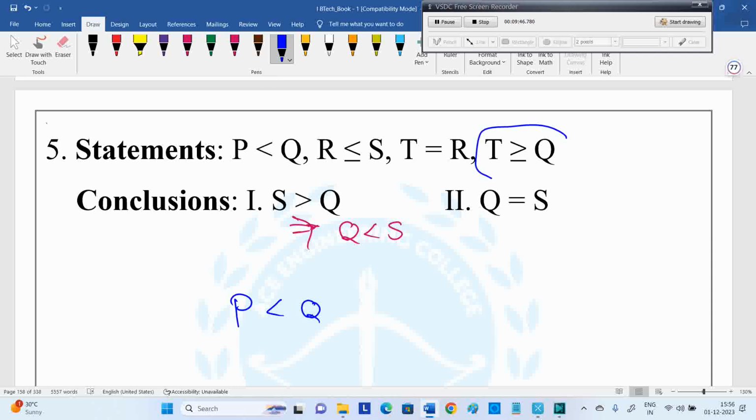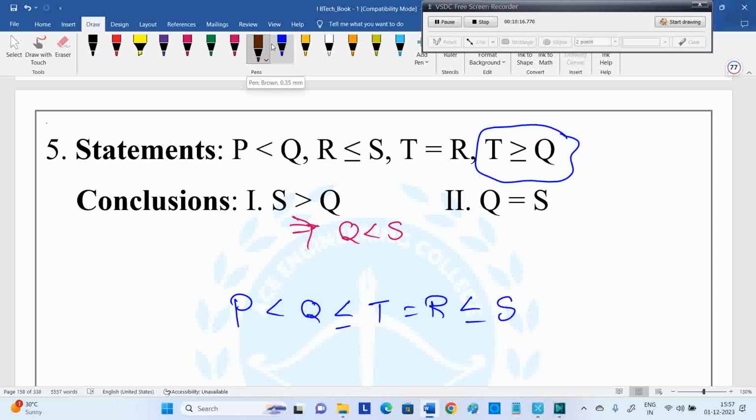What is this? T is either greater than or equal to Q. Now we can modify as Q is either less than or equal to T. Then T equal to R. R is either less than or equal to S. Somehow it's your job to bring it into a single equation. If there is a possibility, I'll bring it to a single equation, or else at least two separate equations are also fine. Some questions may demand two separate equations as well.